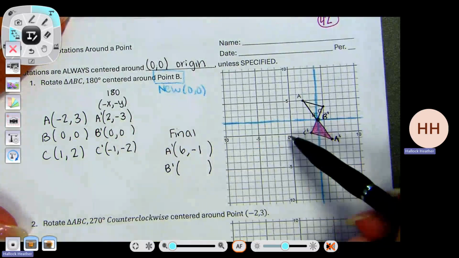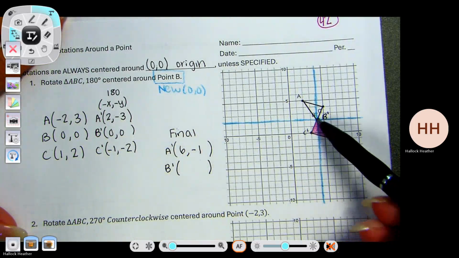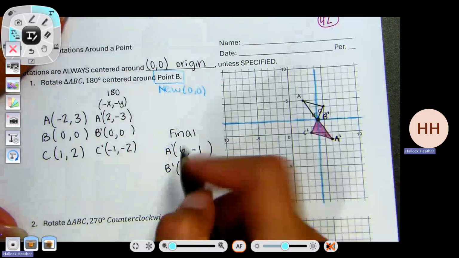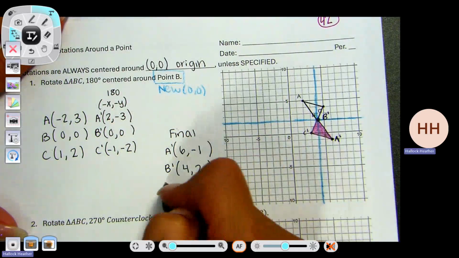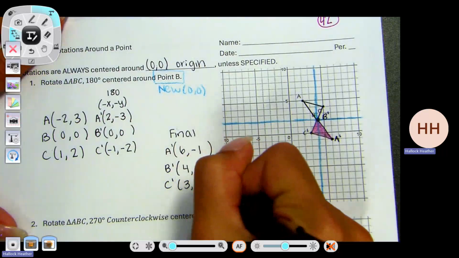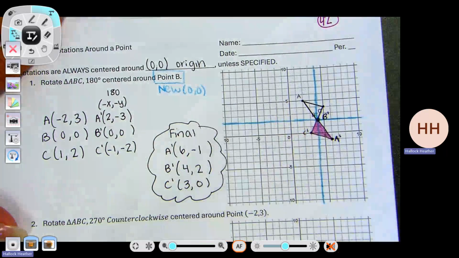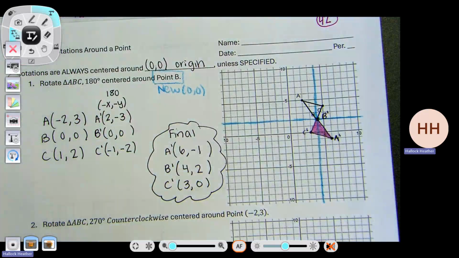Where's B prime at? 4, 2. And C prime? 3, 0. That's it.